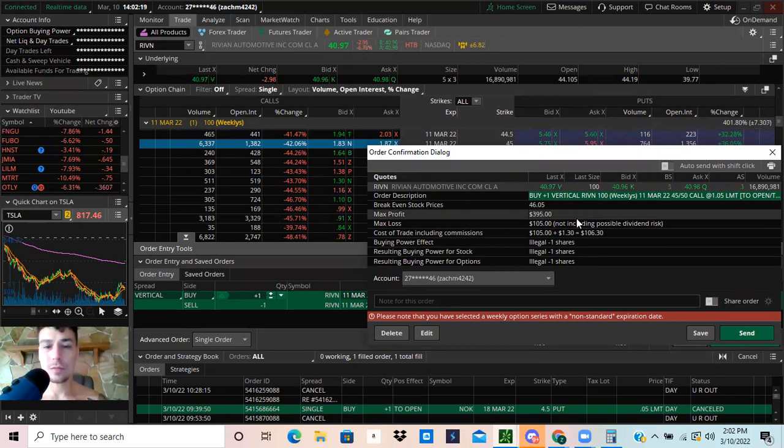Okay, so that's just a nice little option play you can get into if you don't want to do naked call options and you're looking to minimize risk a little bit. Let's say you don't want to spend $187 on the 45 strike, but you're comfortable spending $100. Then this is a play that you could look at.